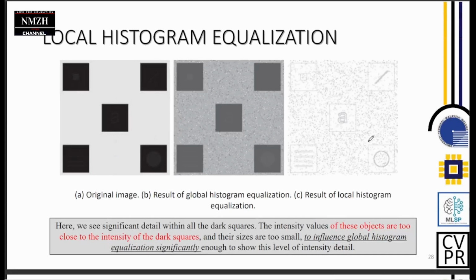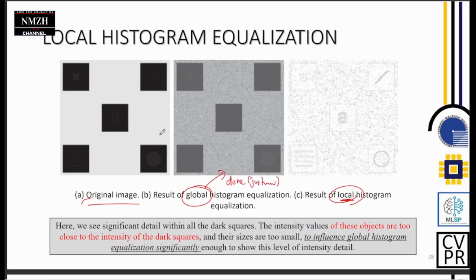So we have the original result. This one is the original one. So this is the result for the global. So in the local histogram equalization, there will be two, global and local, guys. So the global is the one that we did just now. Okay, this one is local histogram equalization.